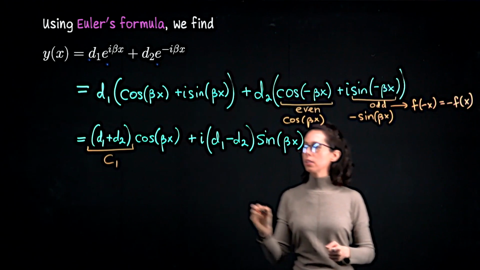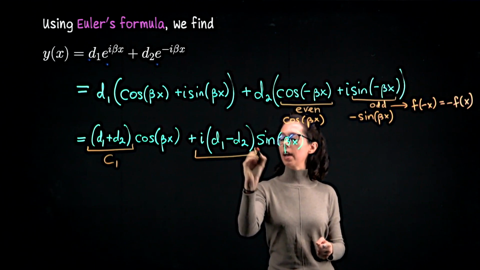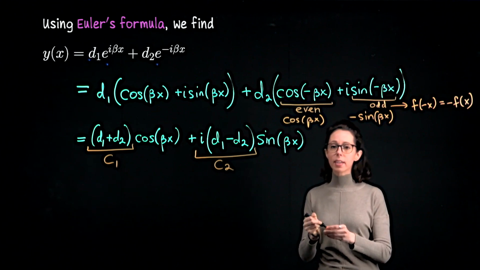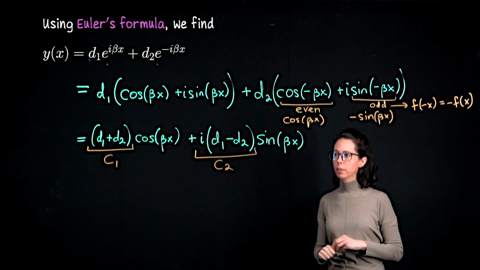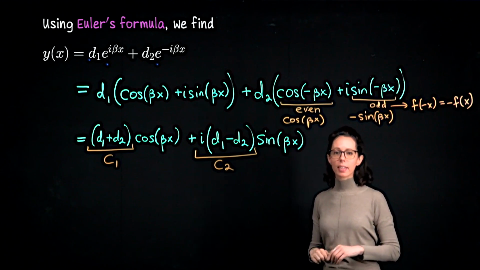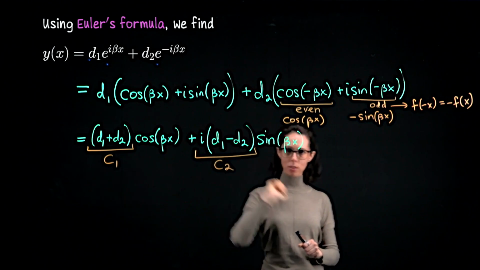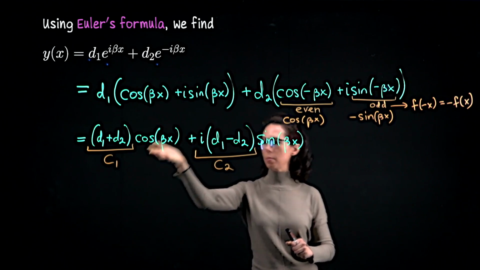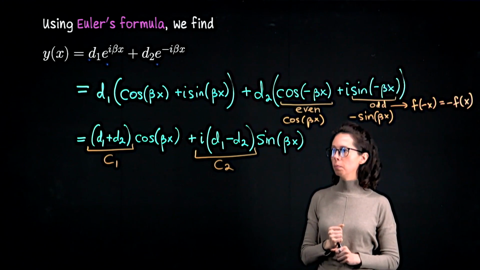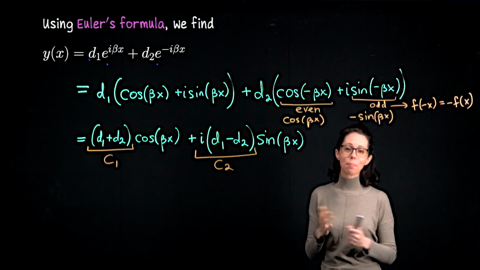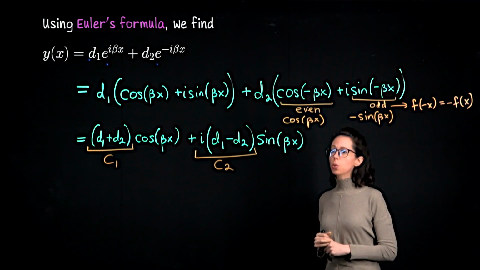And likewise, could it be the case that I times the quantity d1 minus d2 could be presented as a real number c2? So that what I would be looking at is a real number times cosine beta x, beta is a real number, so this would be a real number times just a function of a real angle, plus a real number times sine of beta x. That's the dream. Okay. And there is a way to do this.